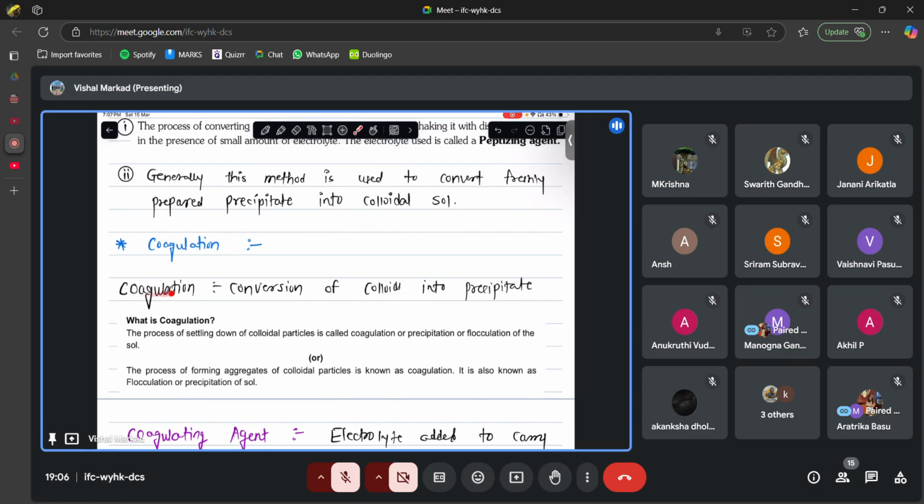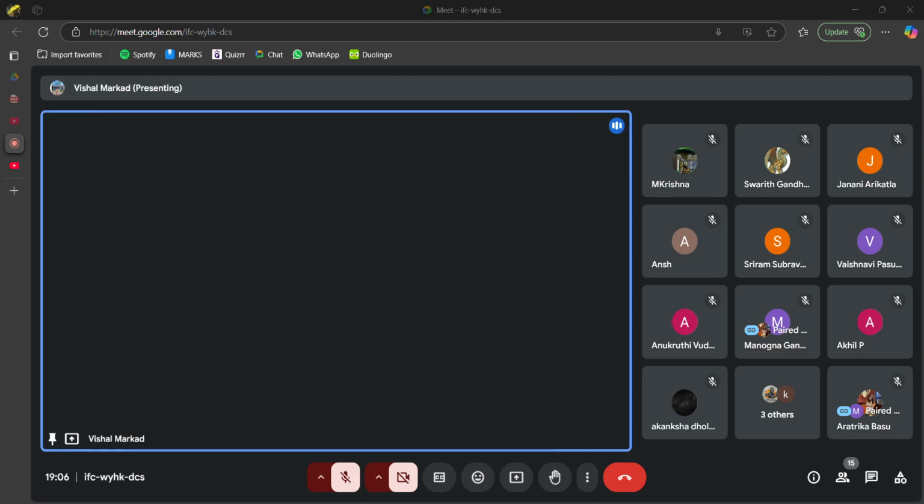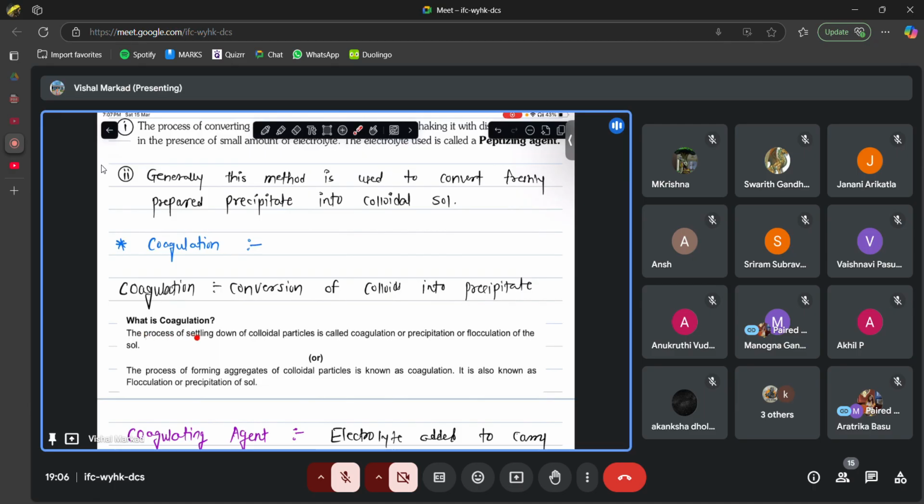So when we are doing the process of coagulation, we are stopping the movement of these disperse phase particles and accumulating them at the bottom. Understand? That's the definition. The process of settling down of colloidal particles is called coagulation or precipitation, because we are forming precipitate. So coagulation is also called precipitation or flocculation.